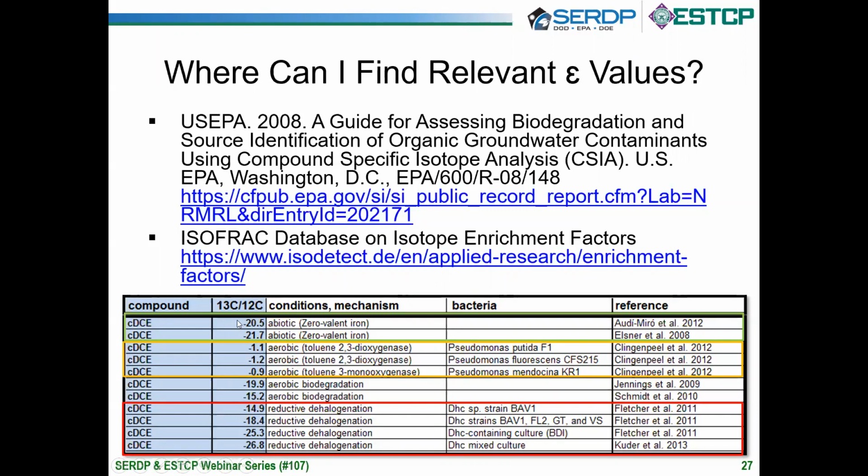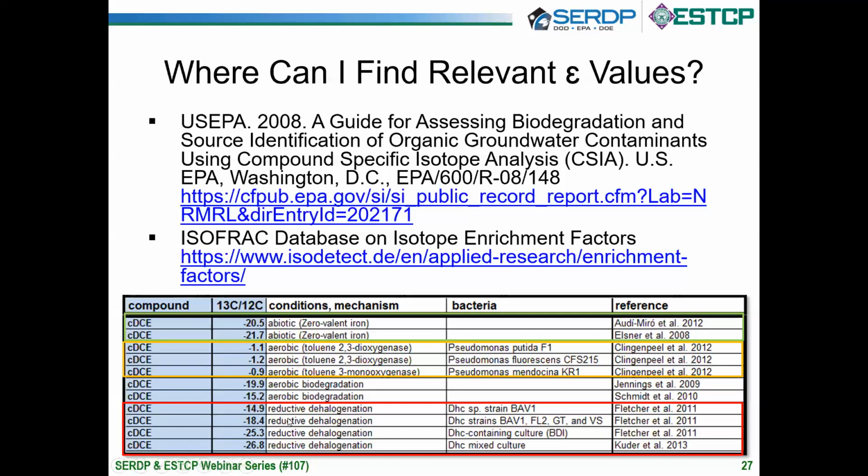They're relatively high. This is something you could very clearly see in the field. Conversely, when we look at an aerobic degradation mechanism by co-metabolism, in this case toluene degrading bacteria, it's extremely low. So if for some reason you suspected this is a mechanism in the field, you probably are not going to get a lot of information from isotopic enrichment, because the reaction doesn't enrich significantly in this case.